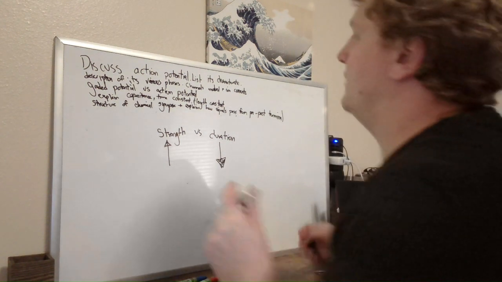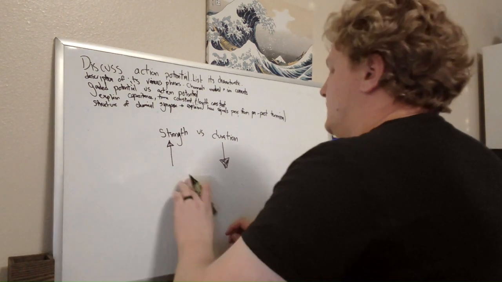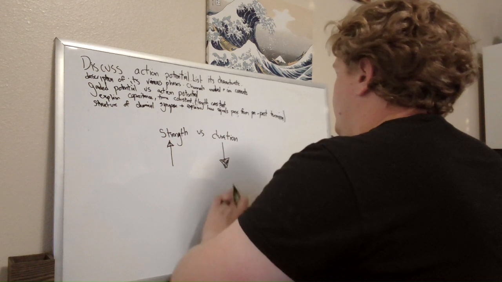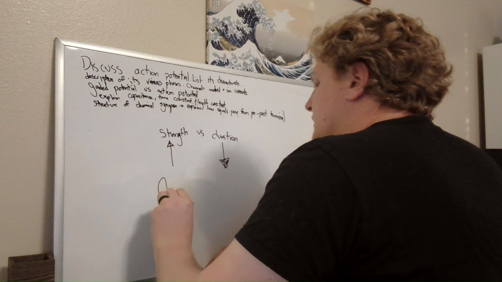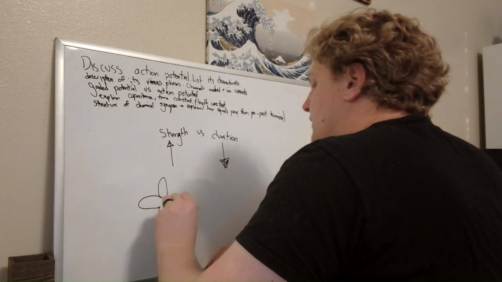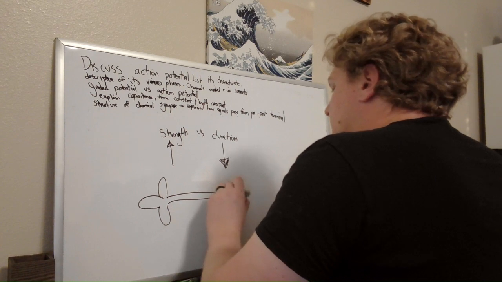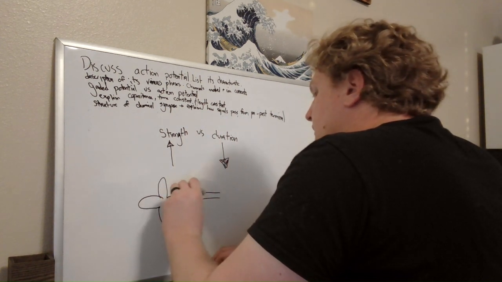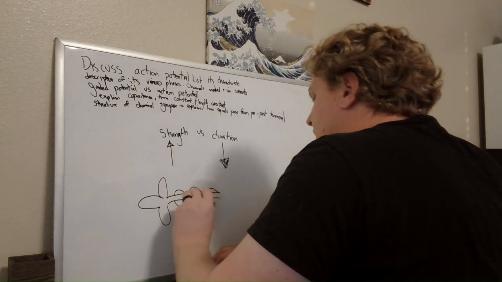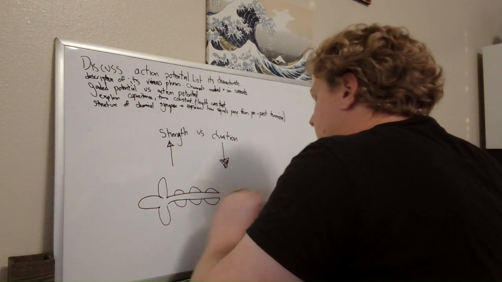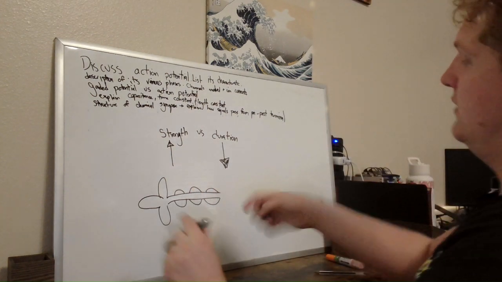So a way to overcome that, that humans do and a lot of other animals, is that we'll put myelin. So I'm going to draw another neuron. So to increase its capacitance, what happens is they put myelin around.